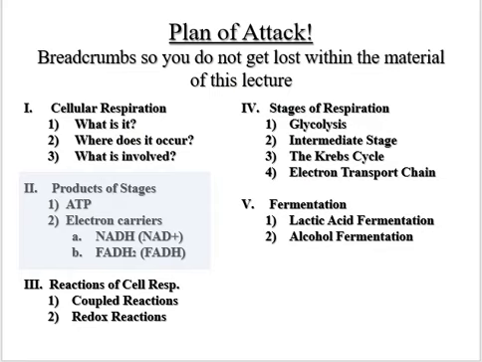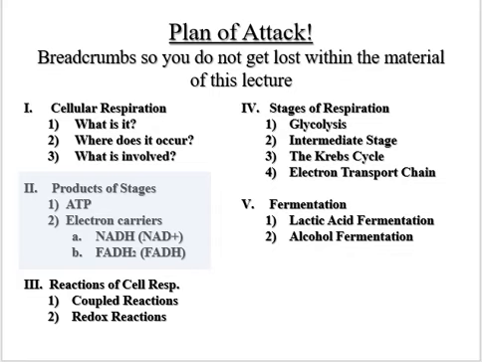All right, so that is the intro to cellular respiration. Now you know what it is, why it's occurring, and primarily where it is occurring in the cell. Now let's talk about what the products of cellular respiration are.